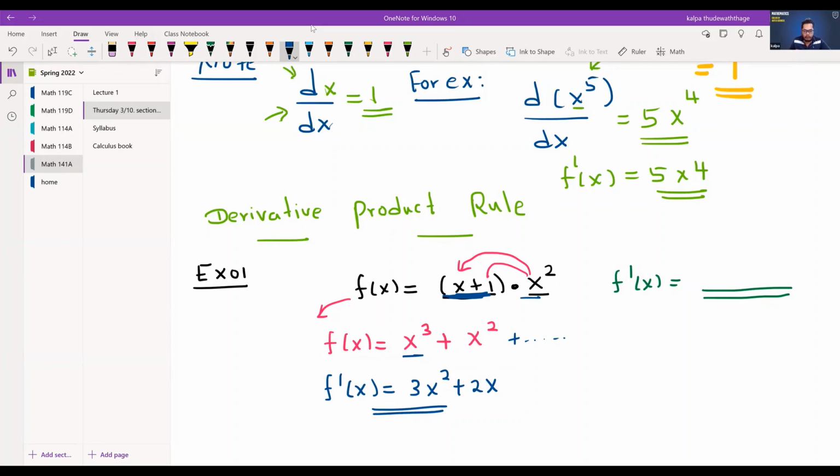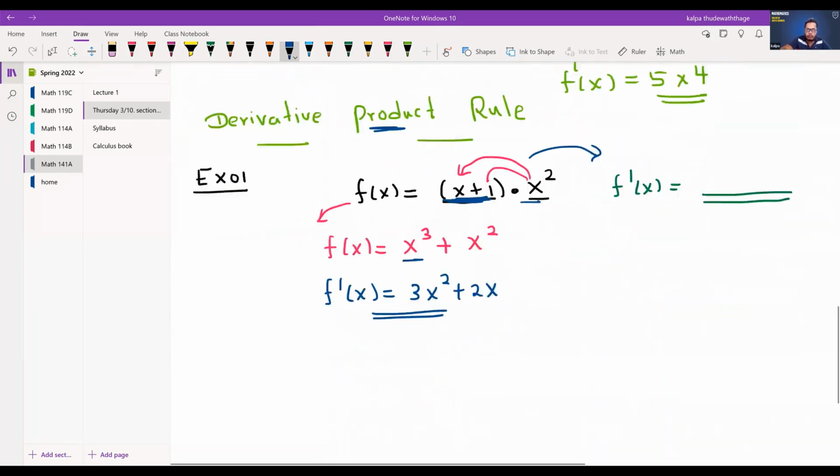It's very hard and overwhelming. So how do we quickly do this differentiation without simplifying brackets or multiplying each other? That's where the product rule comes in.